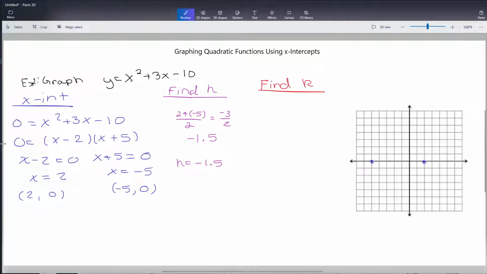Okay, so here's my equation. y equals x squared plus 3x minus 10. Okay, and I'm going to plug in negative 3 halves.